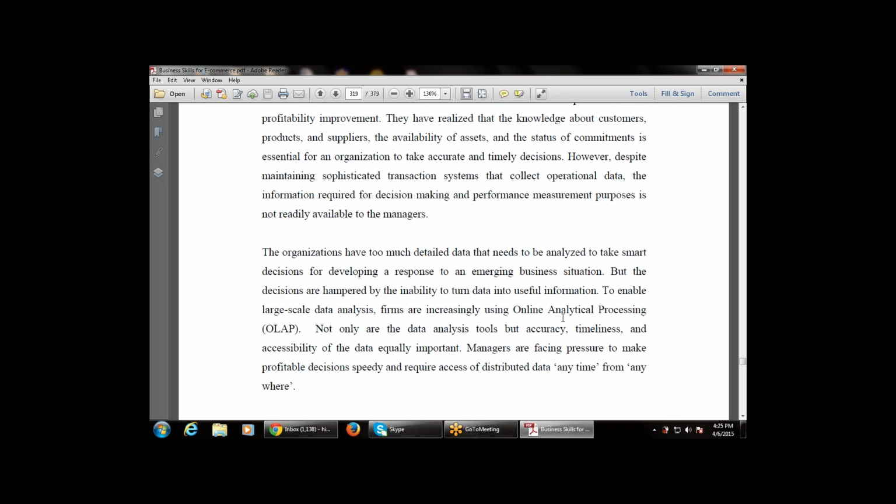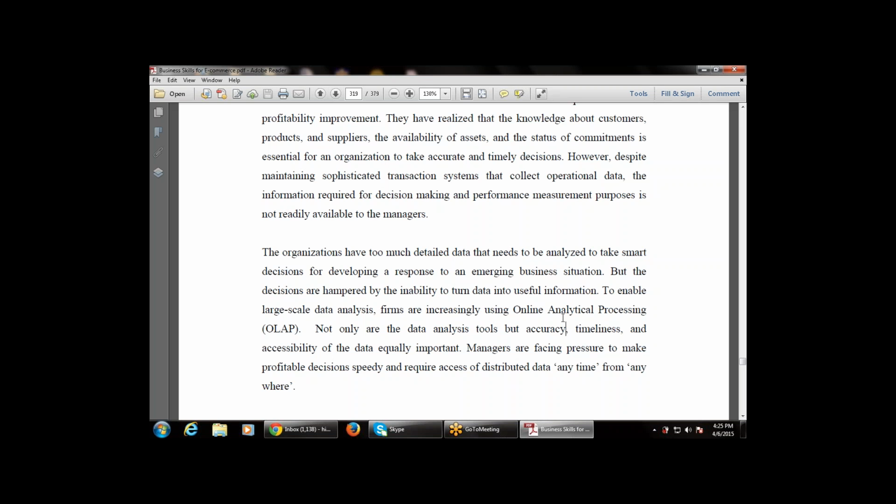To enable large-scale data analysis, firms are increasingly using online analytical processing, that is, OLAP. Most organizations are nowadays using OLAP because converting data into information is one of the crucial issues.